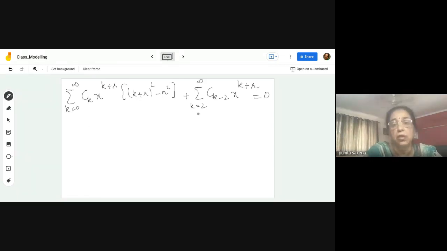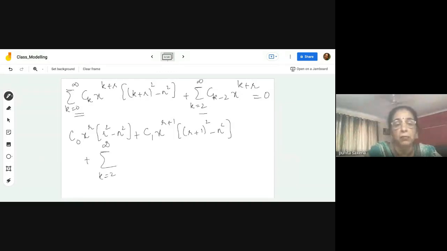Okay. So now since this summation is starting from 2, we have to consider the first two terms from here so that we can combine these summations. So when k is 0, it's c0 x to the power r into r square minus n square. And when k is 1, it's c1 x to the power r plus 1 into (r plus 1) square minus n square, and the other terms I am now combining.